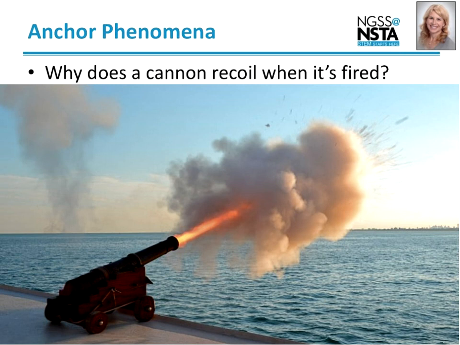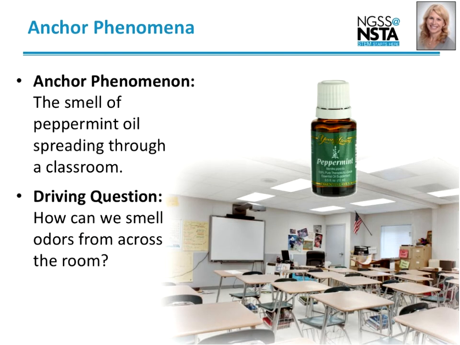We have seen with each of our examples how a strong anchor leads us to a driving question that we are compelled to explain, like this one: why does a cannon recoil when it is fired? Let's think back to all of our examples: the singer shattering the glass with his voice, the seed becoming a large tree, the patterns in earthquake activity, the recoil of a fired cannon, and the smell of peppermint spreading throughout the room, as seen here.